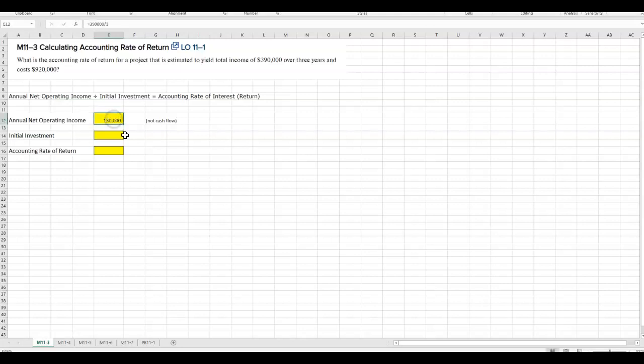Gives us an annual. The initial investment is $920,000. The accounting rate of return is simply taking the annual net operating income and dividing by the initial investment. And it's 14.13%.